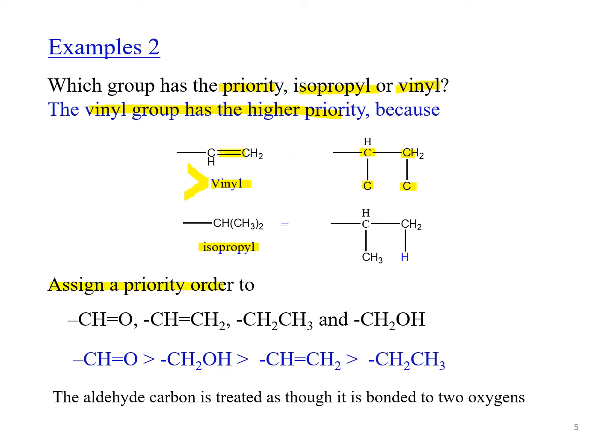Next up are some examples with these multiple bonds present. So here is the example, and we have to arrange them according to the priority order. In this case, the aldehyde group, which is double bonded with the oxygen, will get the highest priority because we assume that this double bonded oxygen is actually bonded to 2 oxygens with single bonds.